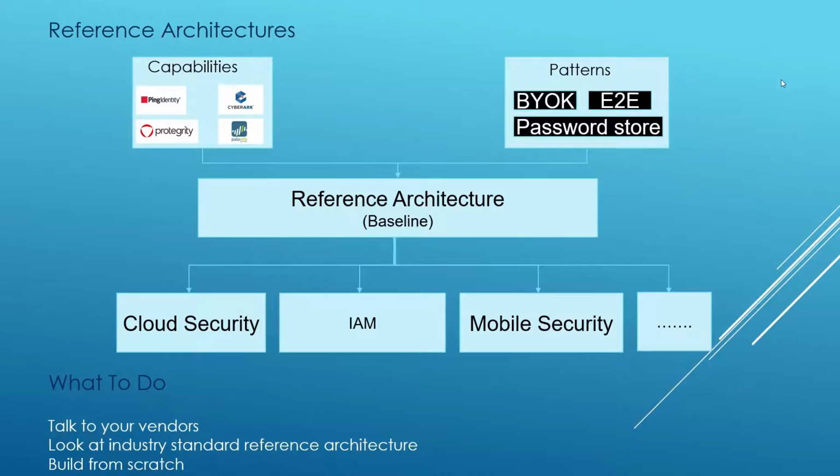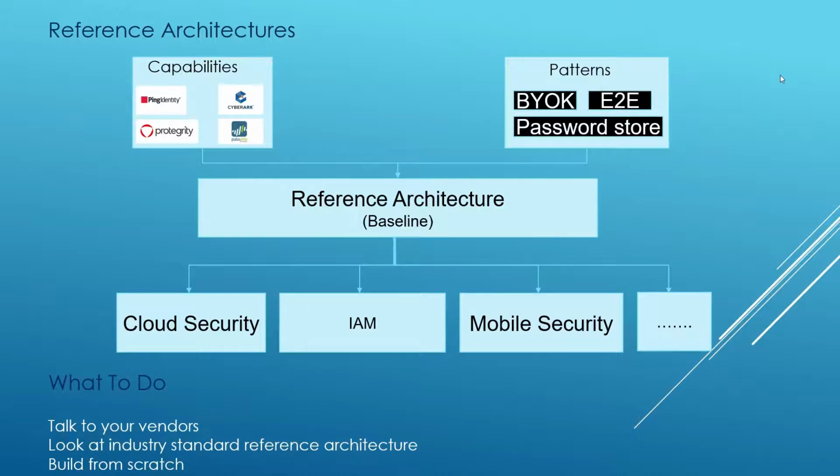I want to bring up a point here, which is the difference between patterns and reference architecture, and which comes first. Reference architecture represents a domain level architecture, like you have a cloud security architecture, you have a mobile security architecture, things like that.